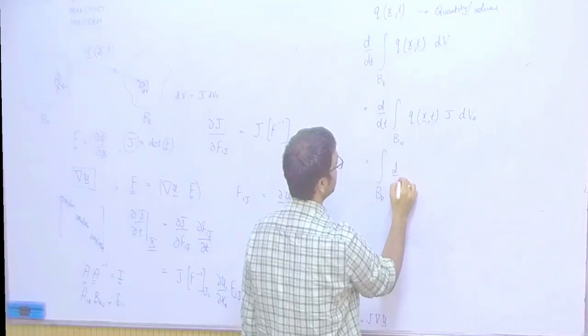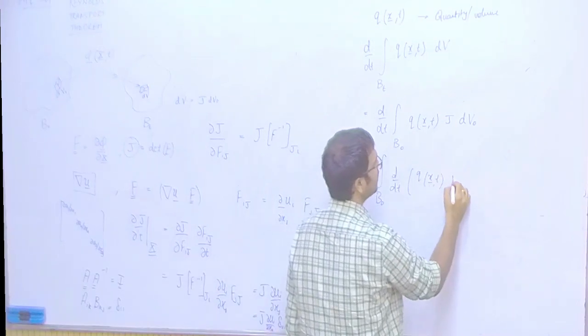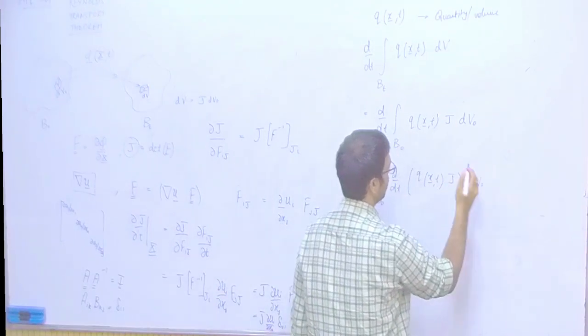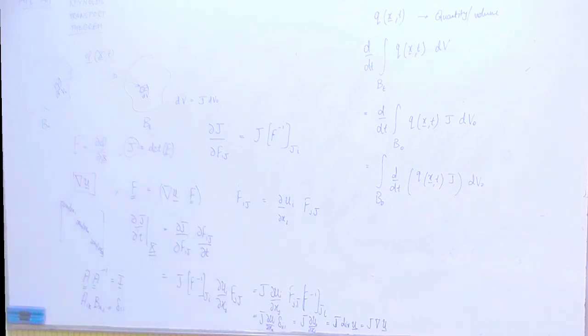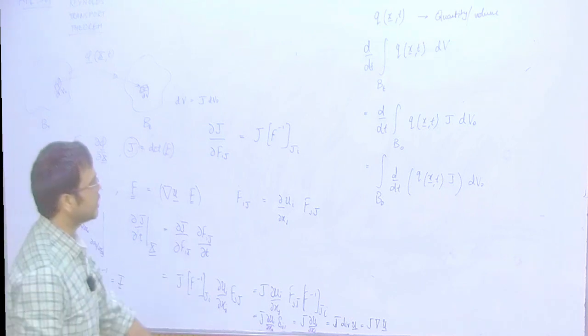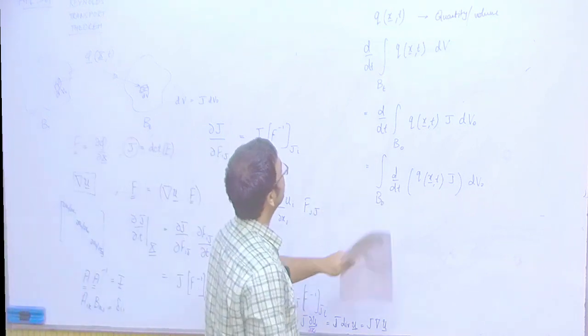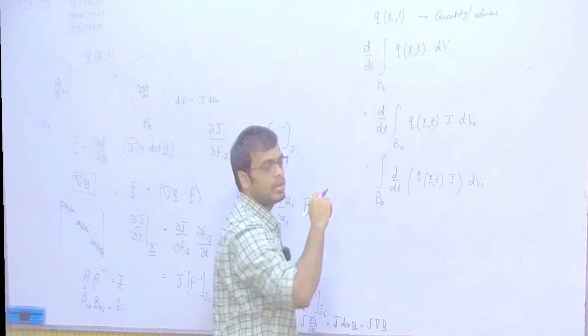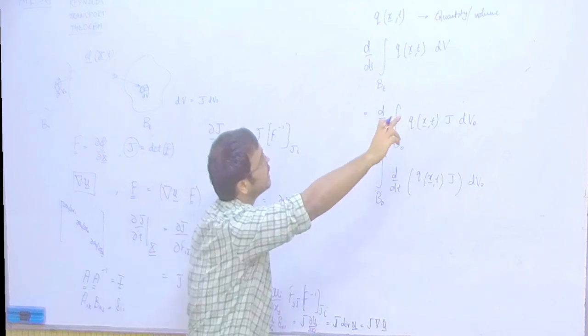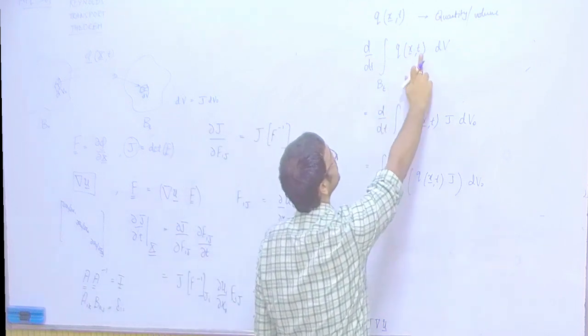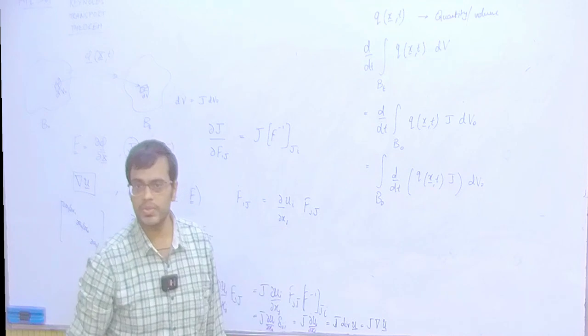Now we can bring the derivative inside, and what I get is the integral over B naught of d by dt of q(x, t) J times dV naught, and we know all the quantities that appear in this time derivative. One important point is this is d by dt. I am looking at the rate of change of this quantity, neither keeping small x fixed, nor t fixed, nothing is fixed here.